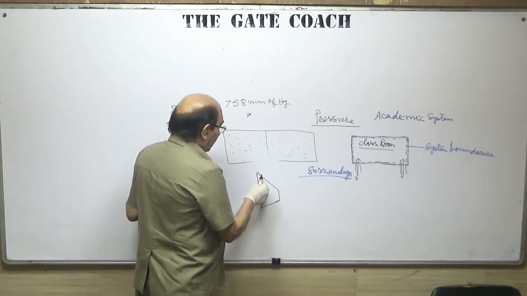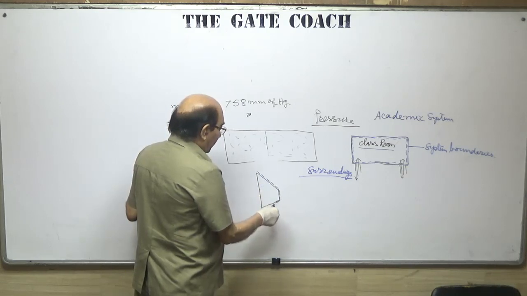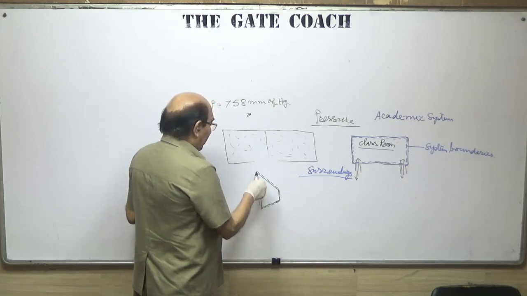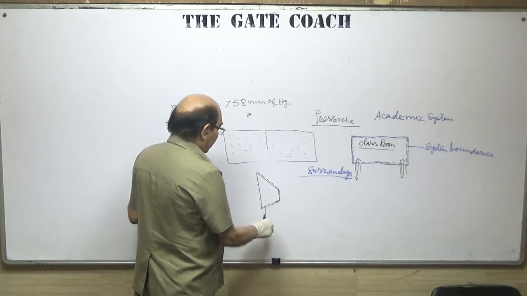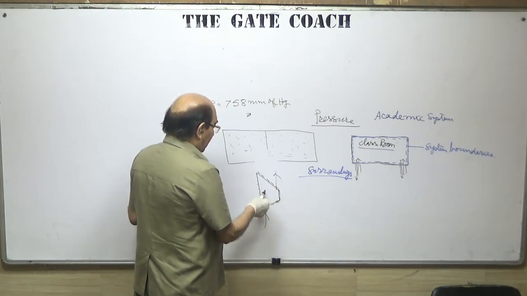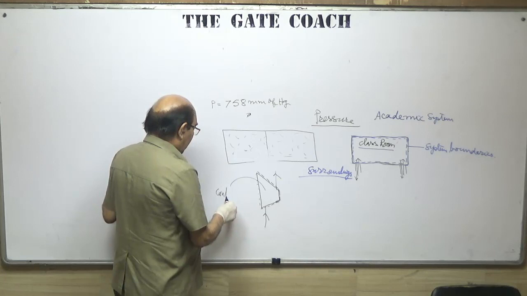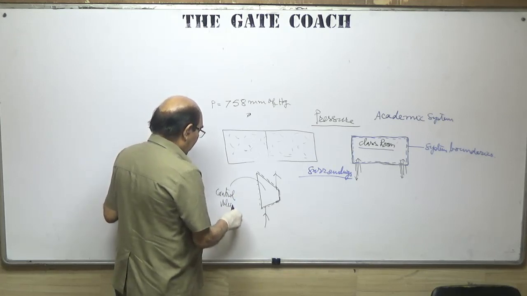This volume within the system where flow takes place in case of an open system is called the control volume.